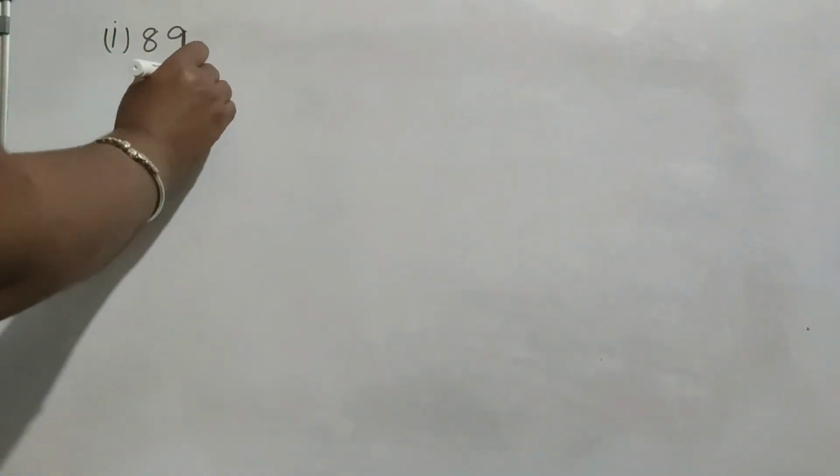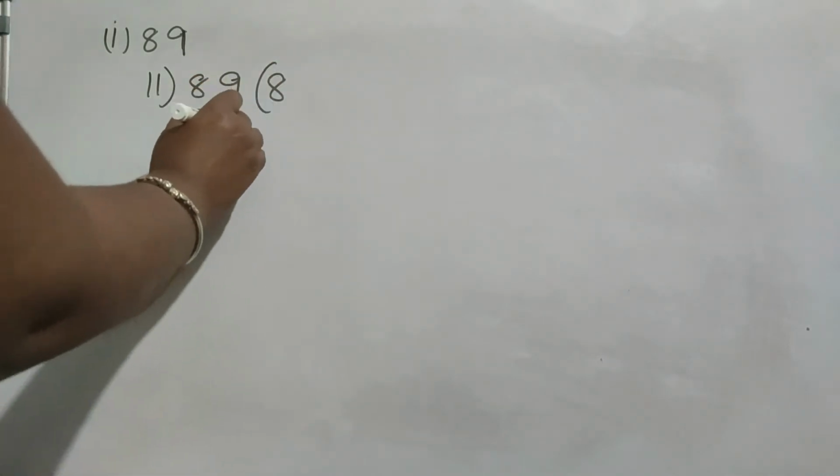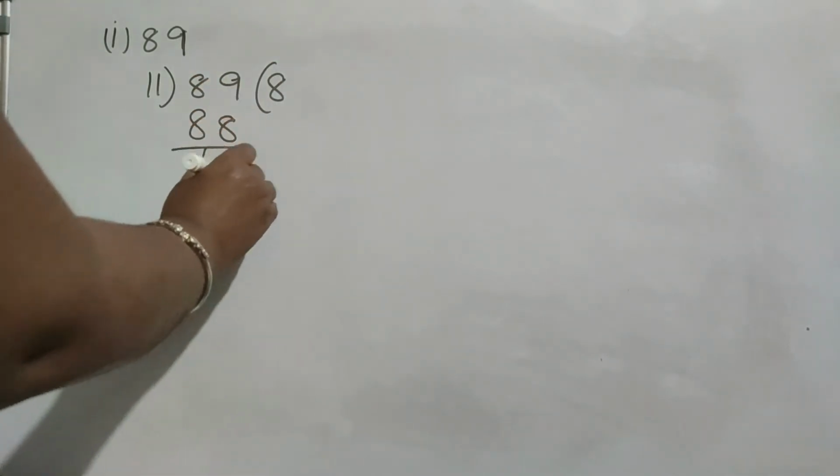Now, moving on to the second question: find the largest prime number that can help you determine if the given numbers are prime or not. First number is 89. If I divide by 11, 8 elevens are 88, so 1 is the remainder.